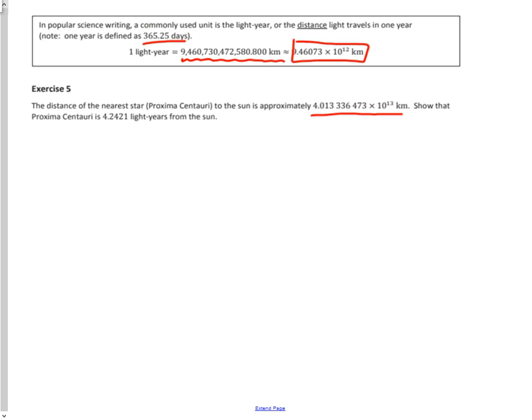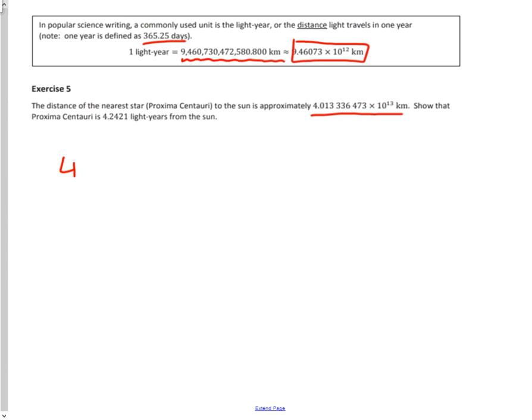Show that Proxima Centauri is 4.2421 light years from the sun. If we figure out that distance, how can we figure out that it's 4.2421 light years? We can do this two different ways.